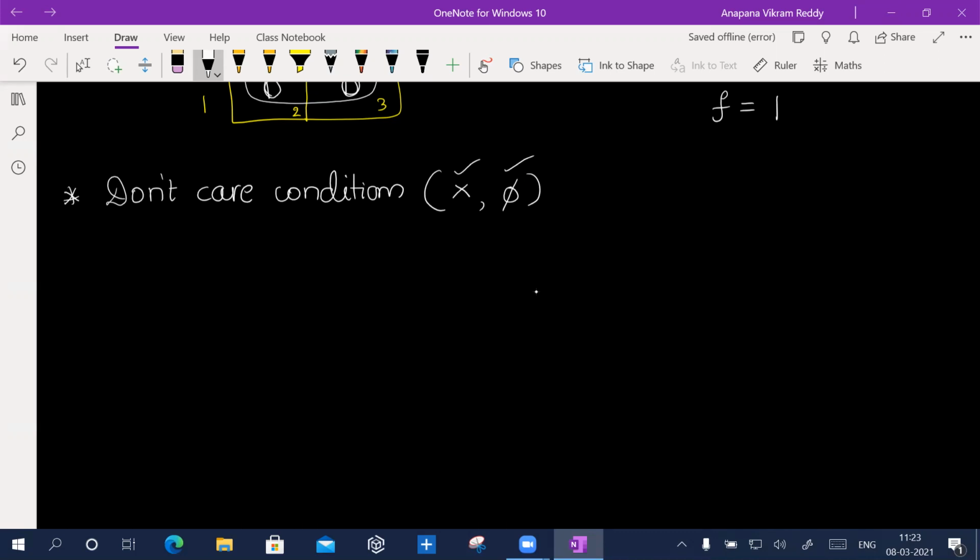Otherwise you can put your own Greek symbol, whatever. Now one important point: these don't cares are used in incompletely specified functions. First point is this.